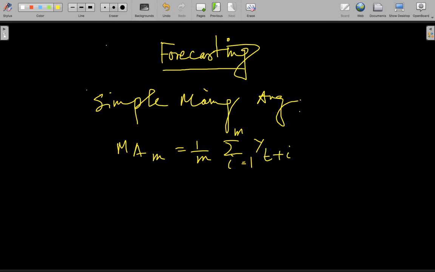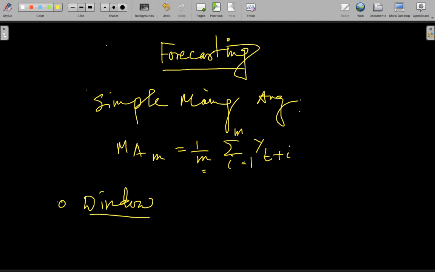Okay, so you take the moving average for M periods, simple moving average. Here we need to understand one simple concept, and that is known as window. So window here is the time period that I take. Here M is my window. How many time periods I'm taking is known as the window.